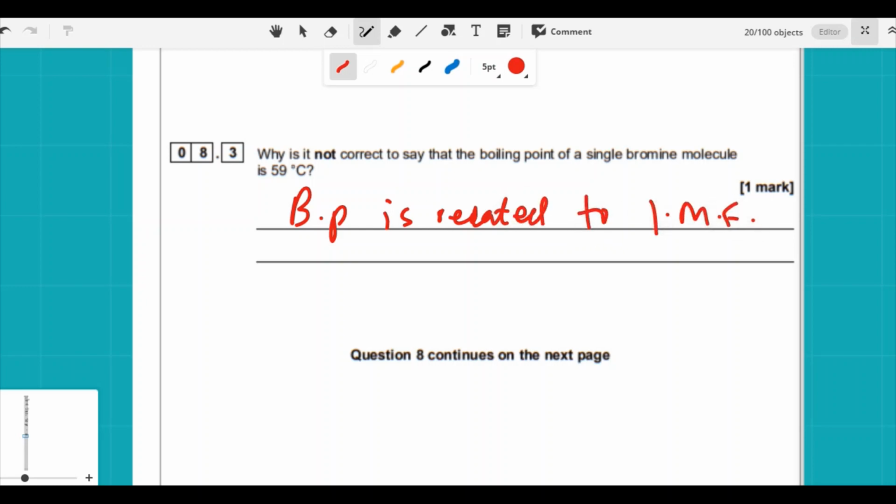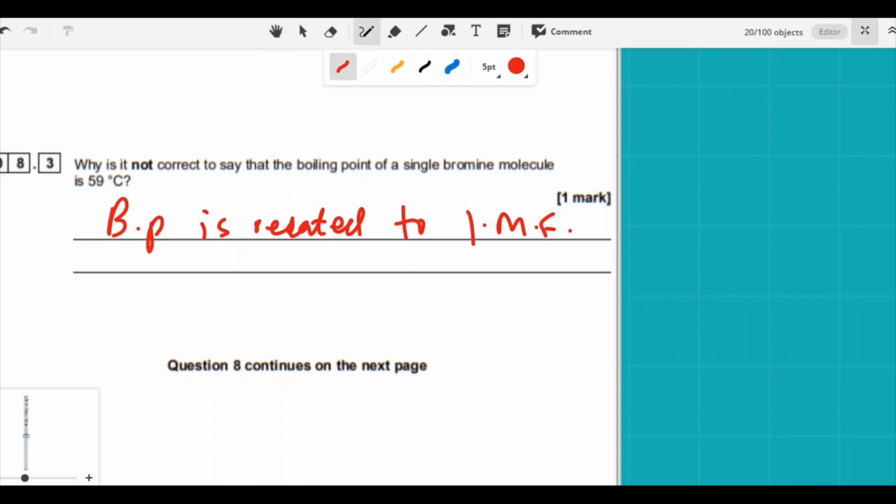So it means that the intermolecular forces are present in between more than one molecule, as we already discussed. So boiling point is the bulk property. Okay.